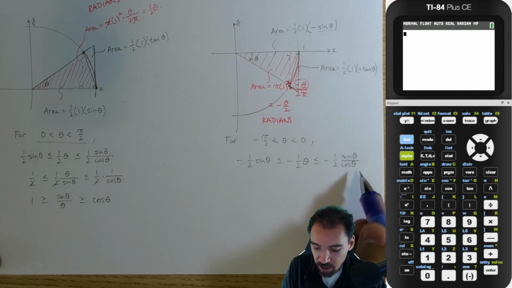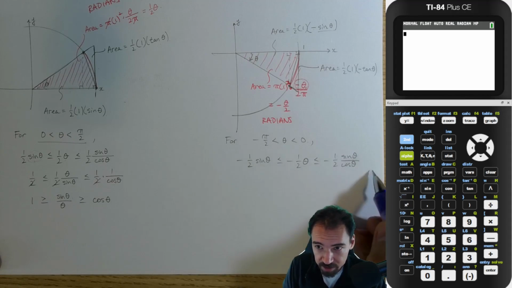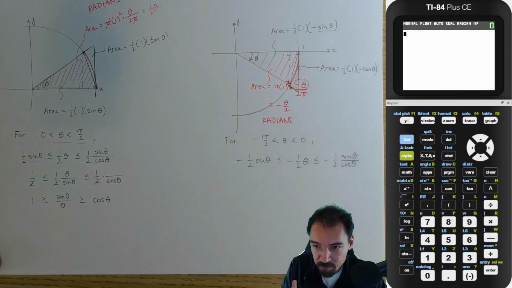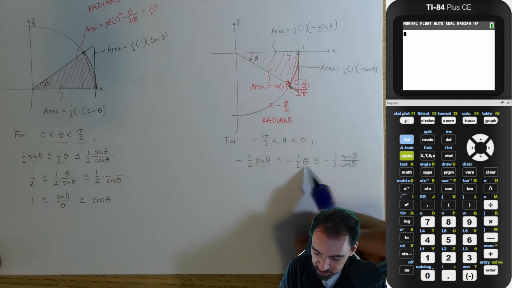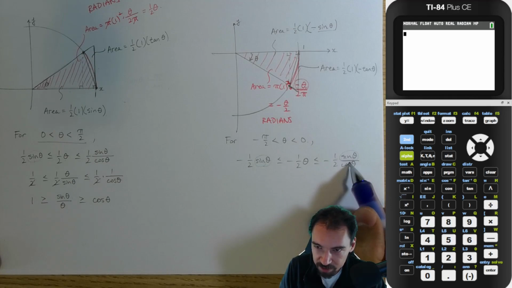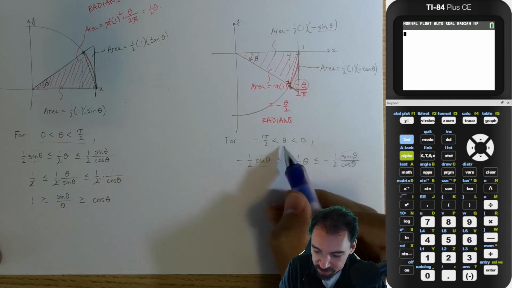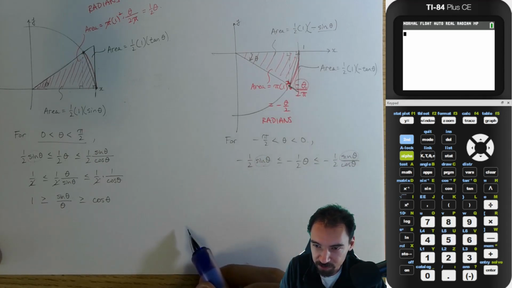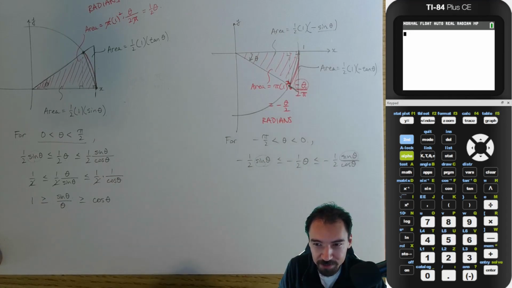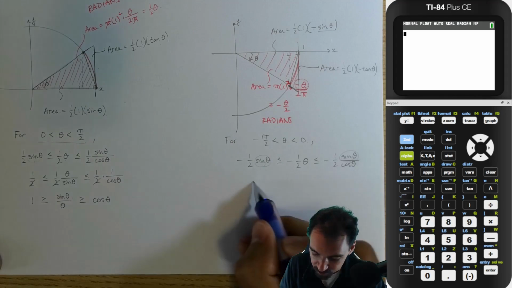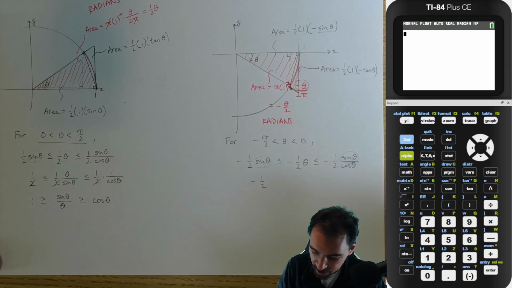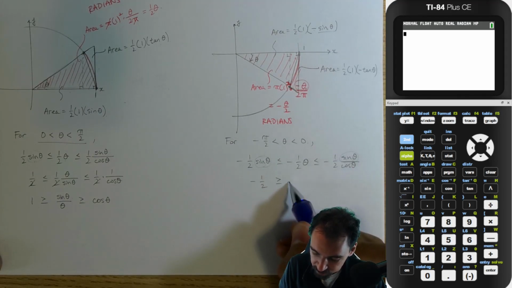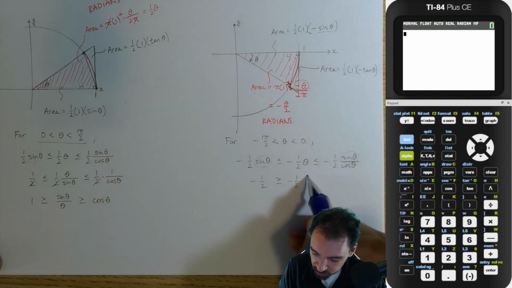So I can divide by sine theta like I did before, but here's the thing. When I divide by sine of theta, sine of theta is a negative value because theta is a negative value. So when I divide by sine theta, I'm actually dividing by a negative number, which means I have to flip these inequalities.